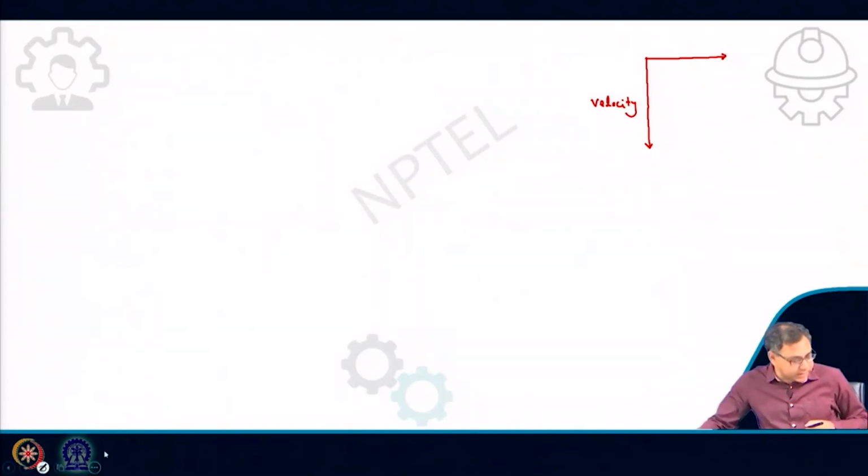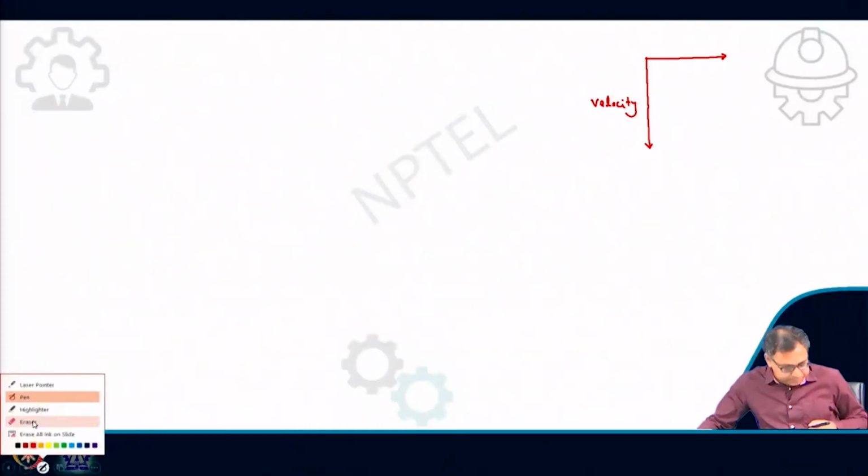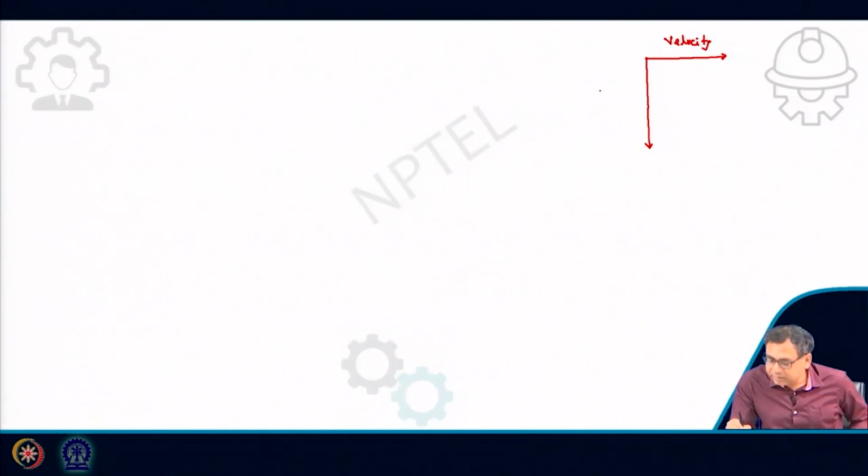So, for example, suppose this is your layer and this is a surface. If I draw the velocity versus depth, this is depth, and the x axis is velocity. This is velocity and this is depth, and it is following a trend.